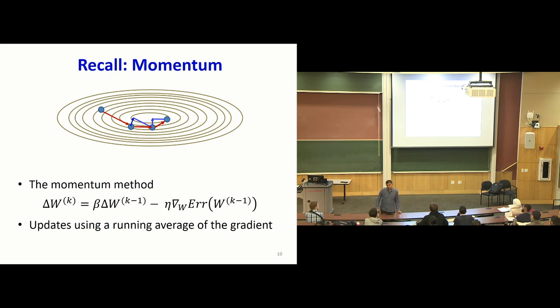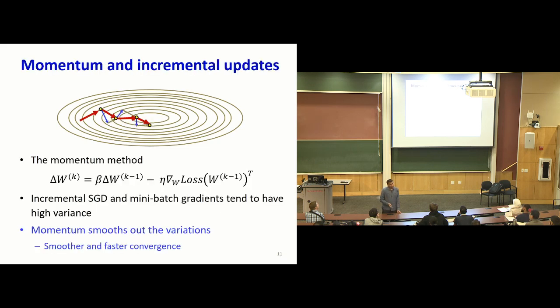What would happen to the variance? The variance is going to reduce because it's going to get rid of swinging, right? And so, particularly in the case of incremental methods like stochastic gradient descent and mini batch, having momentum methods and momentum-like methods could actually be critical to getting decent estimates, because they clean up the variance.